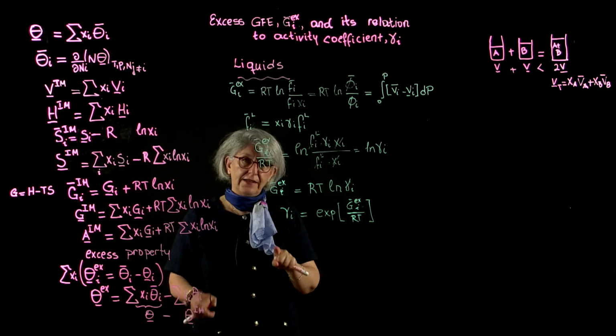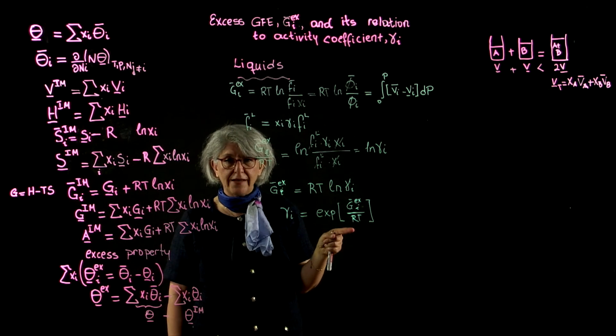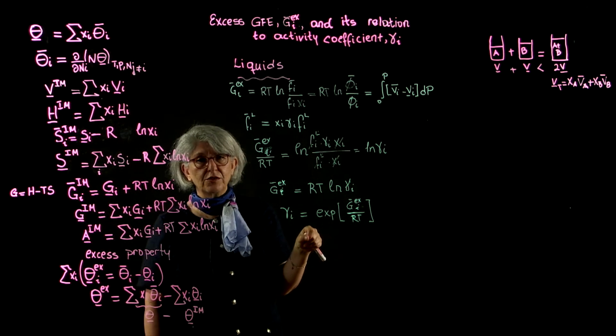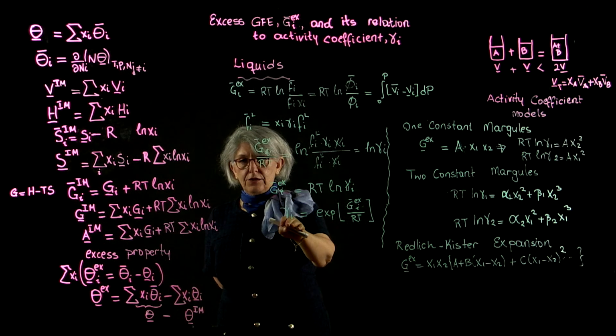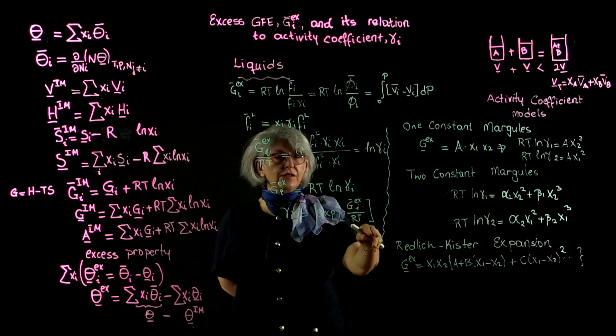And in a moment, we are going to look at some activity coefficient models, their implications in relation to the equations of state. So let us start again from our activity coefficient definitions.